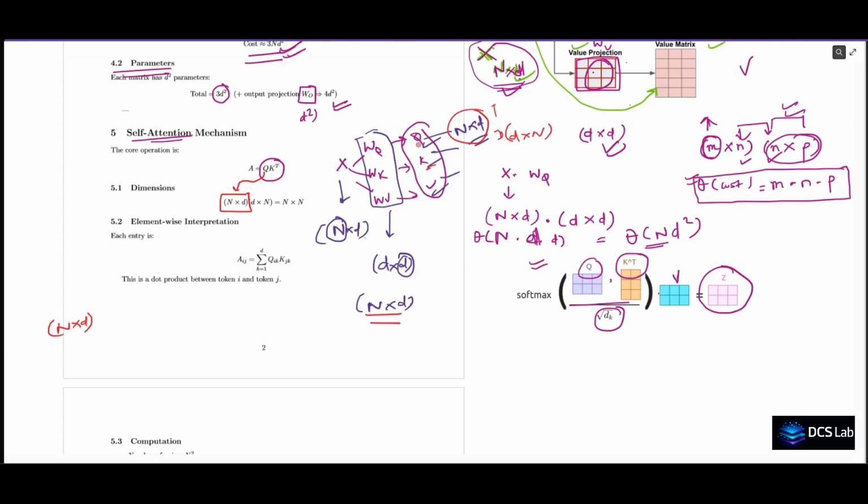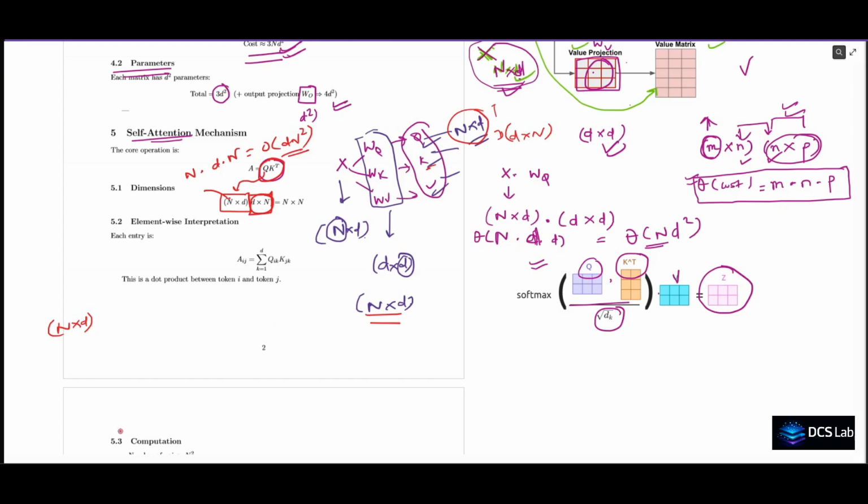Rows will become columns, columns will become rows. That's what happens here: d cross n. These two components now, we are doing a multiplication. It's evident that the cost here will be n dot d dot n, which is order of d n square. So this will be the cost of multiplication here as well.